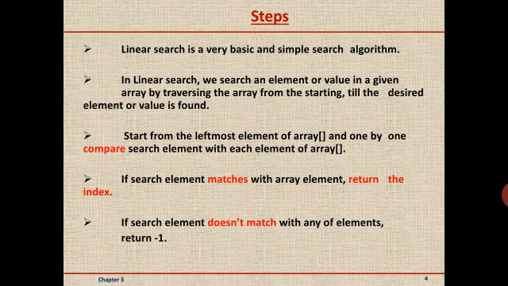If the search element matches with the array element, then we return the index. Index means array's subscript value, that position where the element is stored, that position is known as index. If the search element doesn't match, then the value -1 is returned, which means search is unsuccessful.